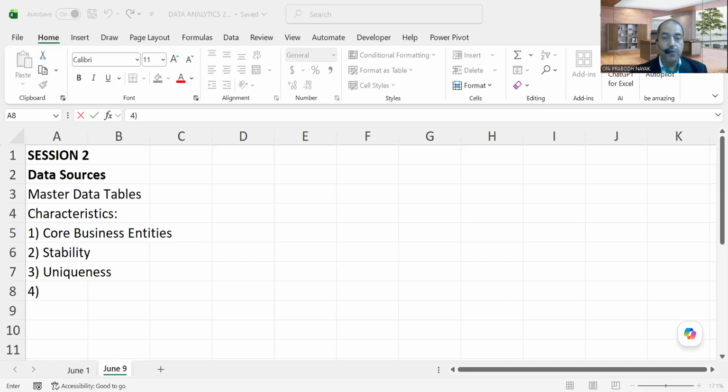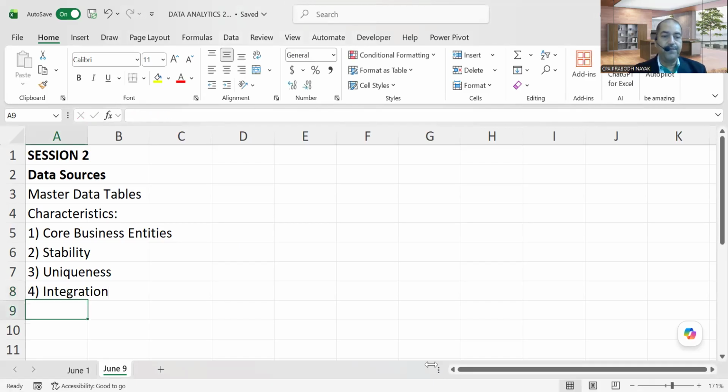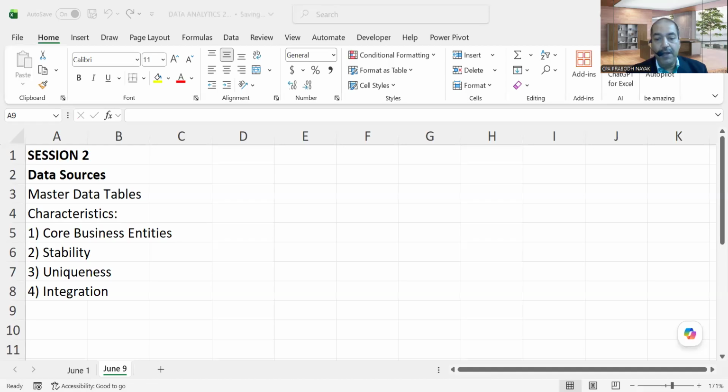Last point, that is the fourth point here. Fourth point is regarding the integration. So integration means what? What are we referring to when I'm saying integration?